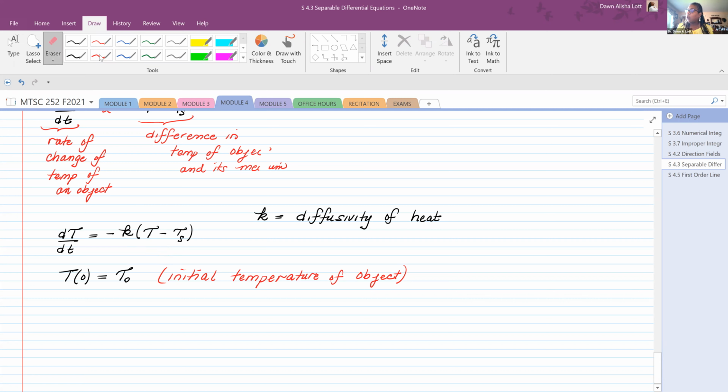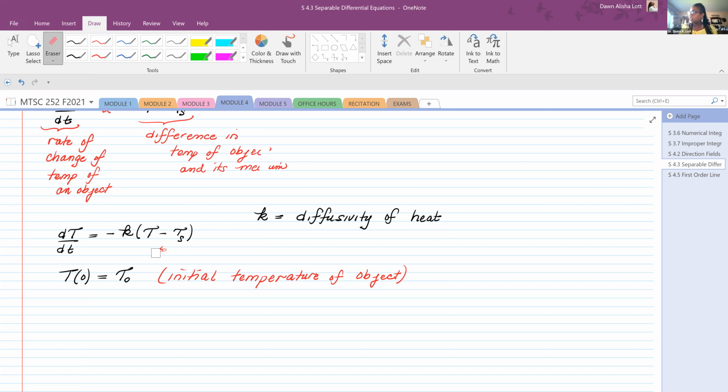If you are colder than the surrounding medium, T minus TS is negative, so this whole thing becomes positive. That means you start to increase in heat because your medium is hotter than you. So how do you solve this problem?